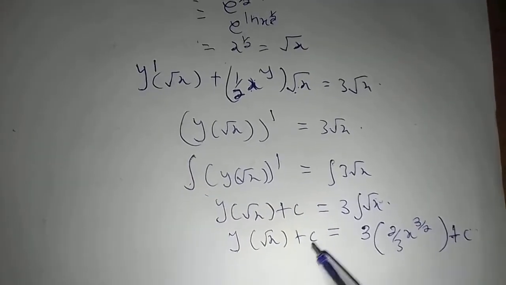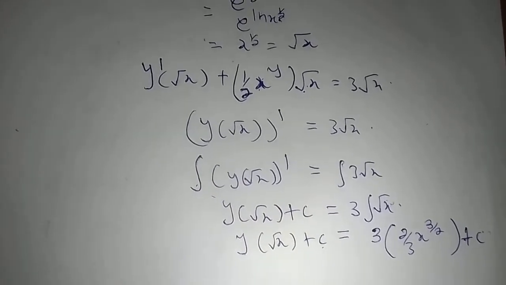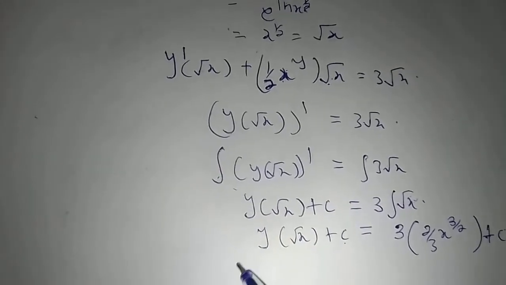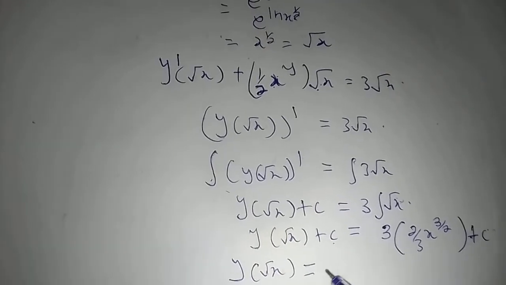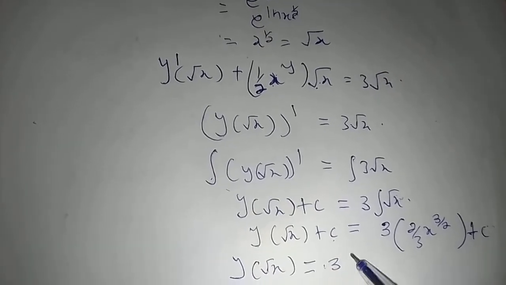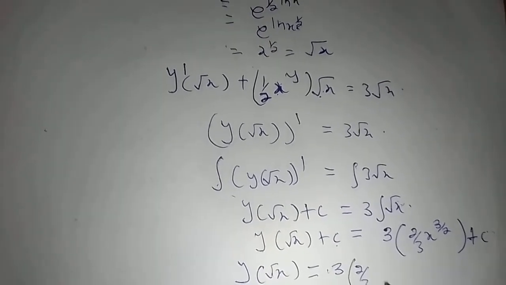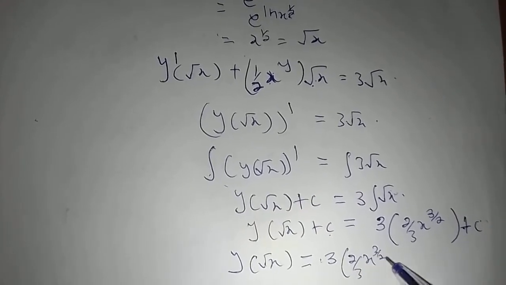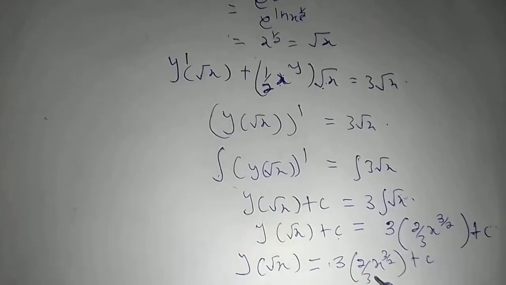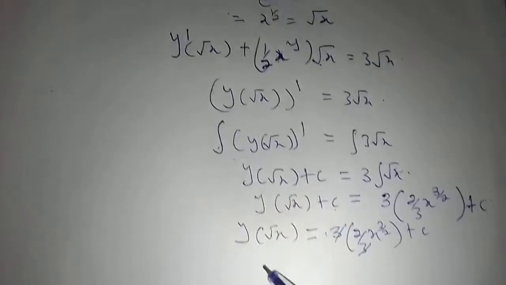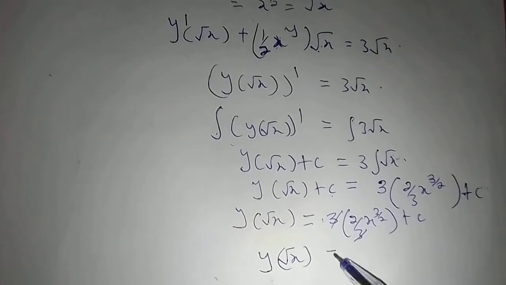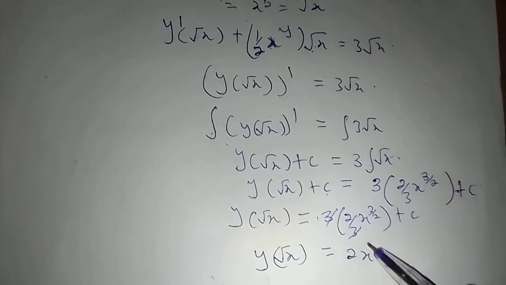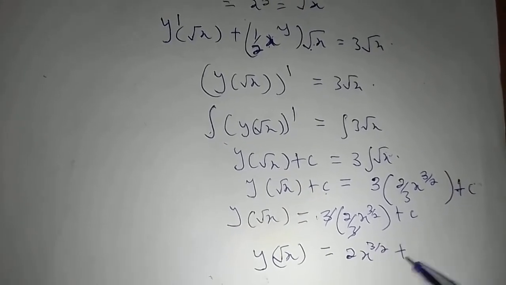In differential equations, we don't subtract, but we rather go and add it and get only a single constant. So you get y multiplying root of x is equal to 3 multiplying 2 over 3 x to the power 3 over 2 plus c. This 3 will cancel this 3. We are left with y multiplying root of x is equal to 2x to the power 3 over 2 plus c.